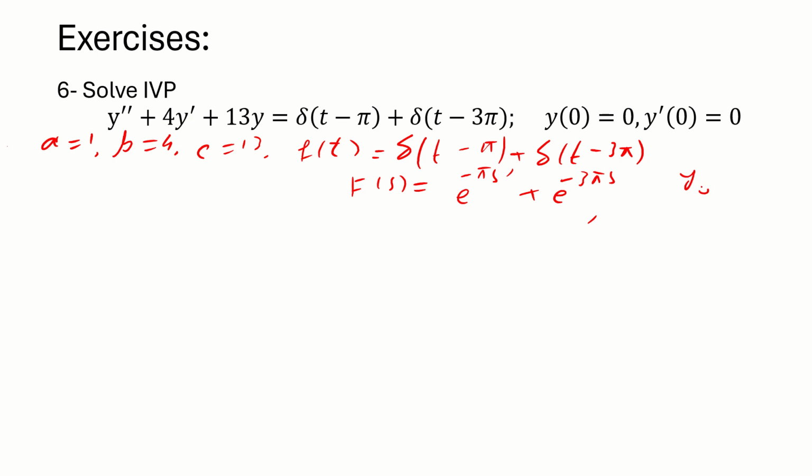Whereas y0 and y1 are both again 0. Keeping in mind that whenever y0 is 0 and y1 is 0, we will only have f of s.